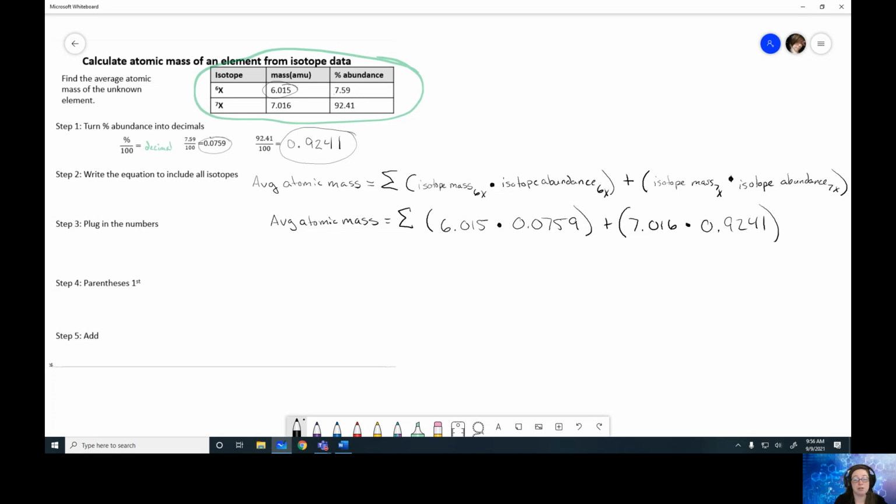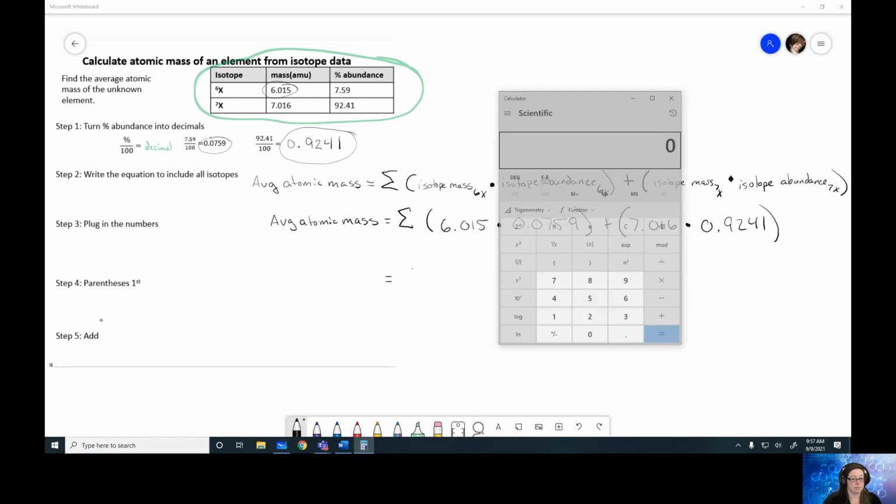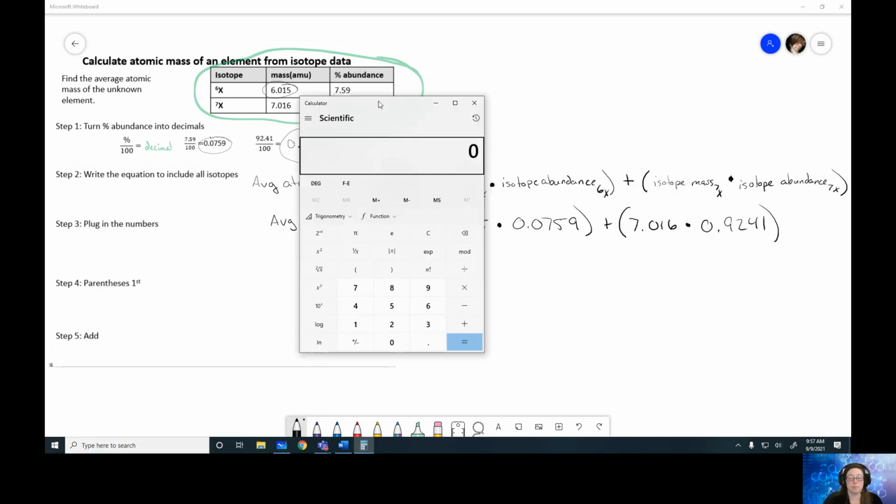Okay. Now you're going to do everything in the parentheses before you add. And you can drop the sum of now because we have the numbers in here. So let me see. Let me pull up the calculator. Here we go.